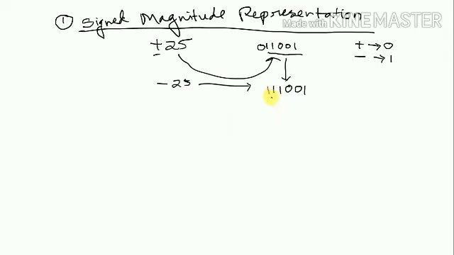So 111001. This is the representation of minus 25, and this is the representation of plus 25. Clear? This type of representation is called sign magnitude representation.